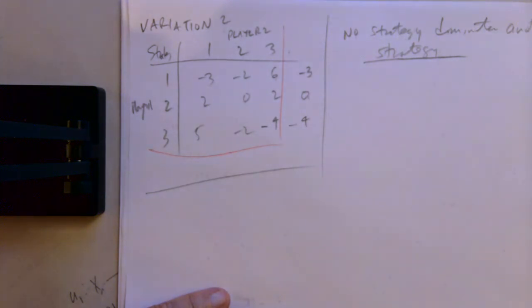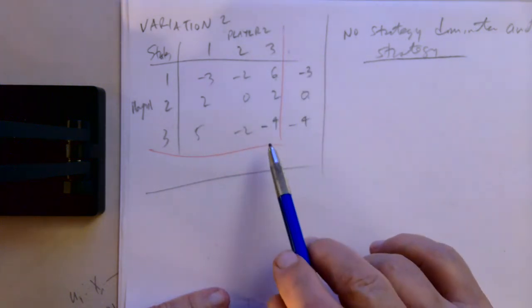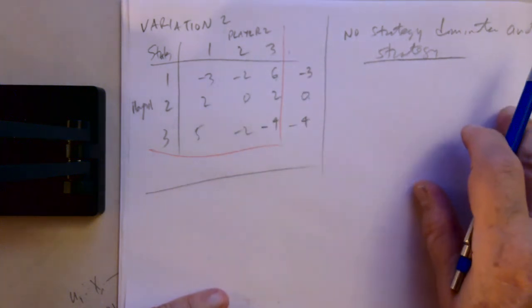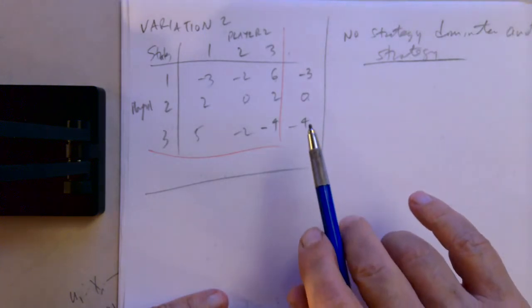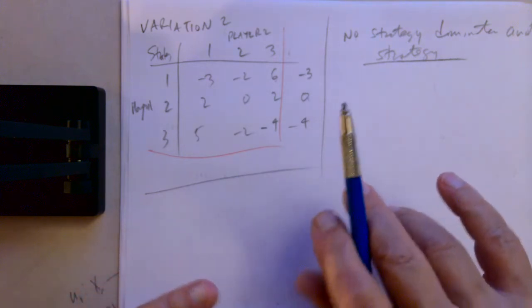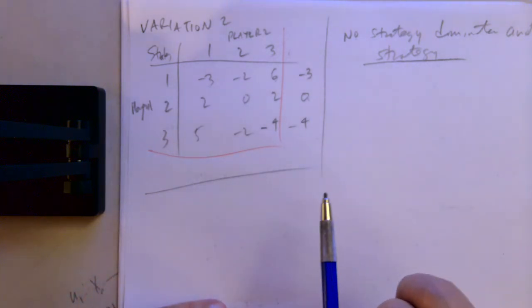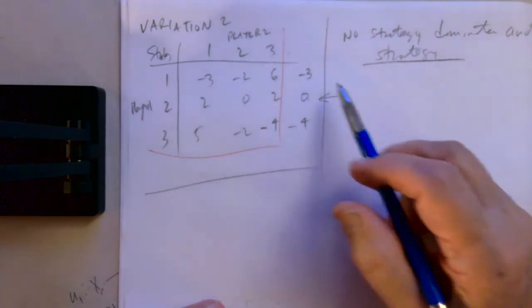I want to make the worst I can do as little as possible. So of these three strategies, which is the best one to pick? To maximize, so you lose the least possible amount in the worst case, and that's 0, right?